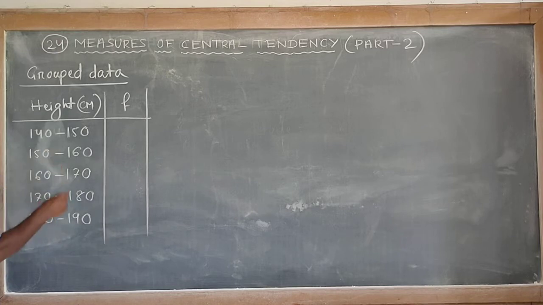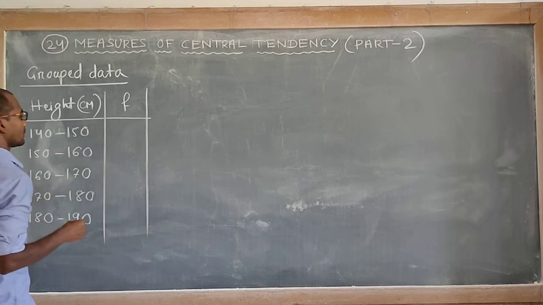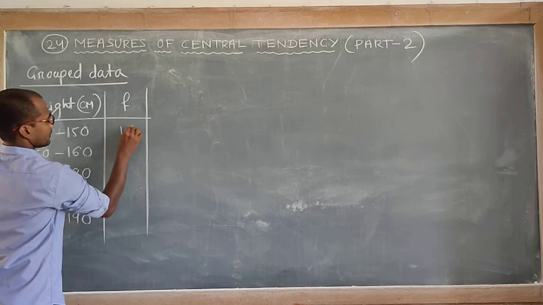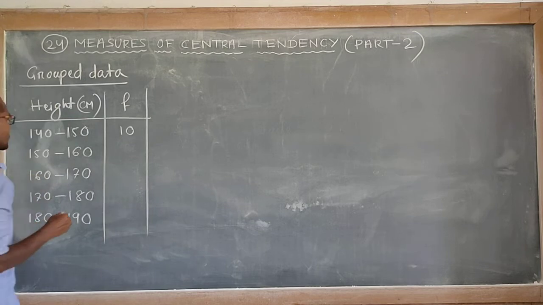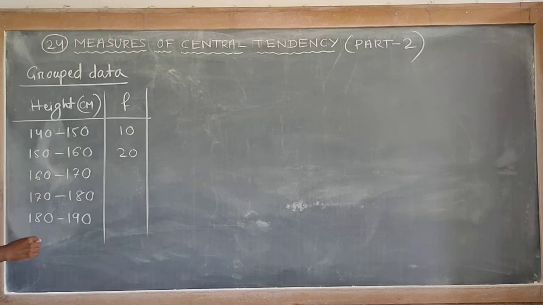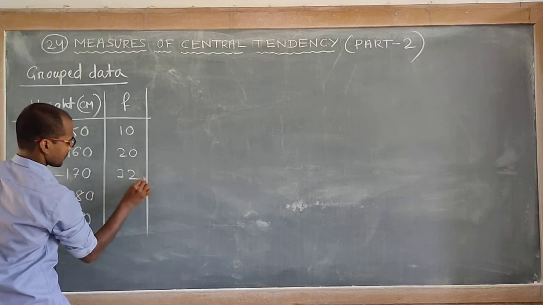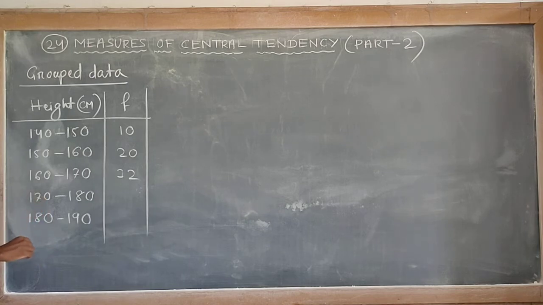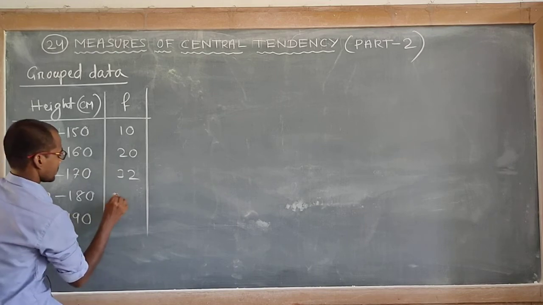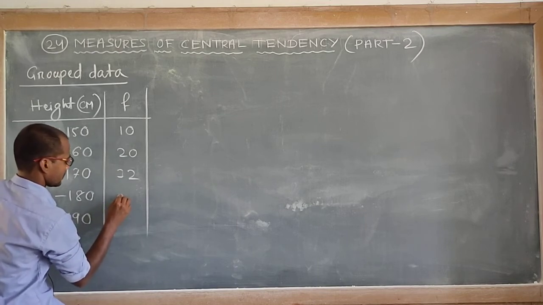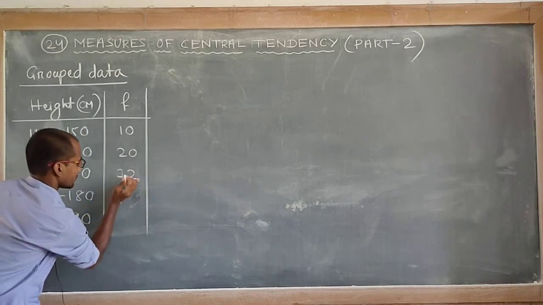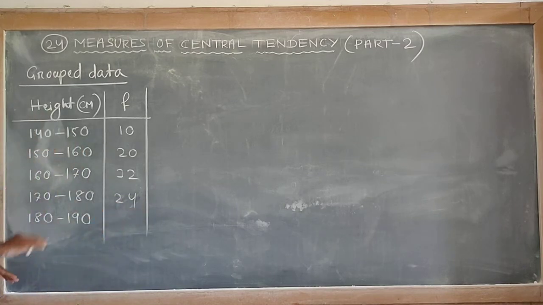Suppose 140 to 150 there are 10 children. 150 to 160 suppose there are 20 children. 160 to 170 suppose there are 32 children. 170 to 180 suppose there are 24 children.